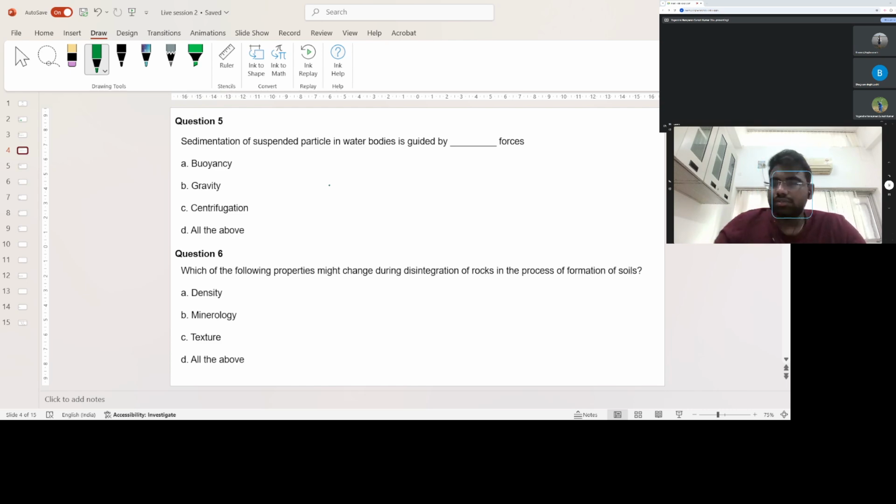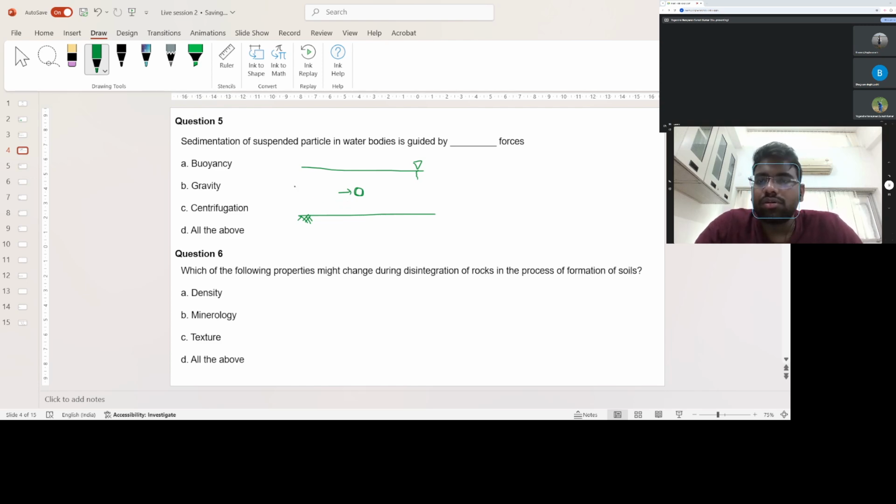To understand this, we can draw the free body diagram of a grain suspended in a water column or water body. If you take a water body and consider this as a ground level, we can consider a single grain moving at a particular velocity along with the water column.